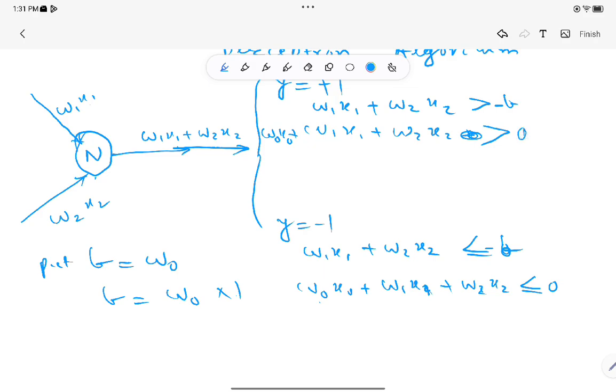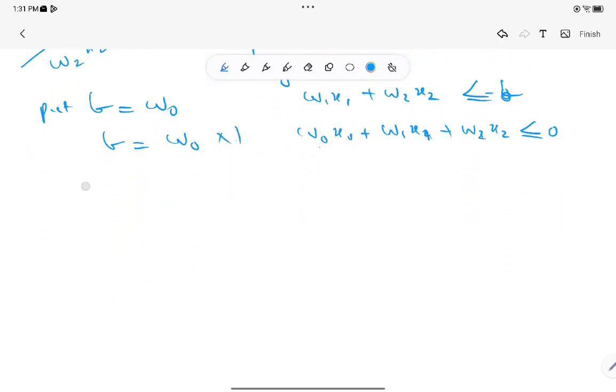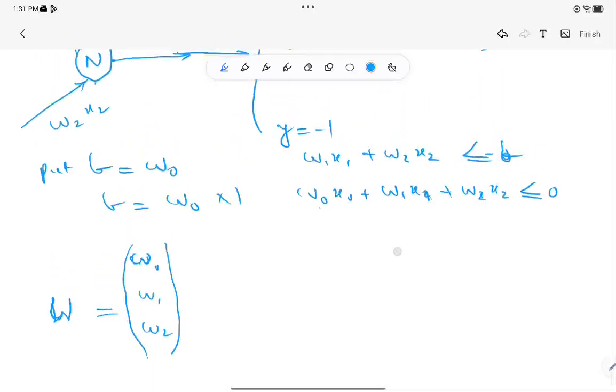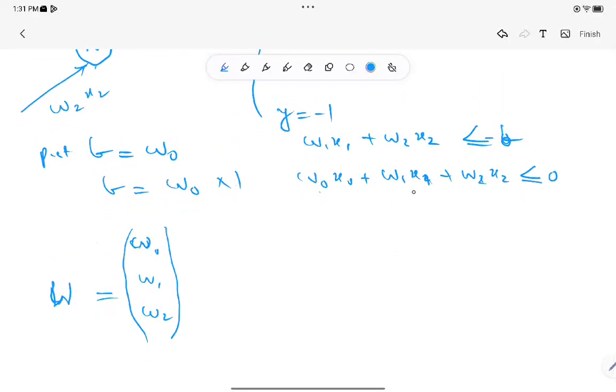With these things, we now have 3 types of w's: w naught, w1, w2. We can create a vector with 3 numbers. These are 3 numbers, and if I arrange them along one dimension, I call this a vector and denote it by capital W. Similarly, I have 3 types of x's now: x0, x1, x2.